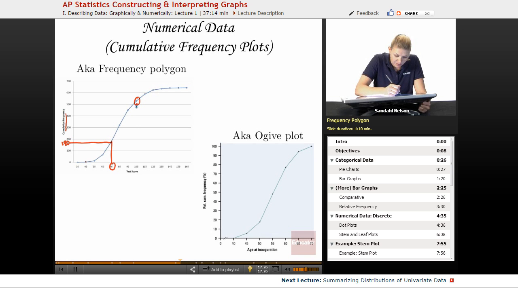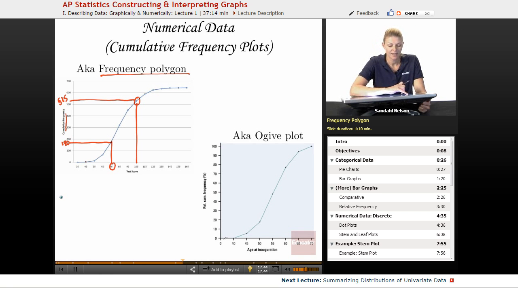Here, for a test score of 105, we see that there were maybe 525 students who scored at 105 or below.